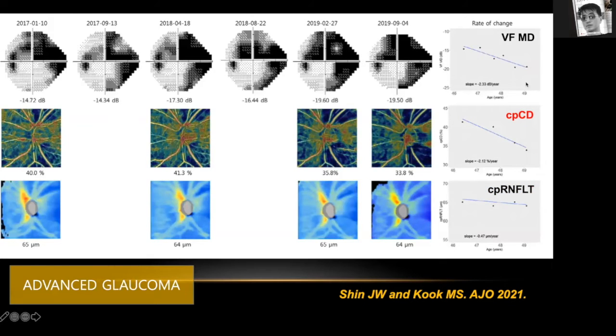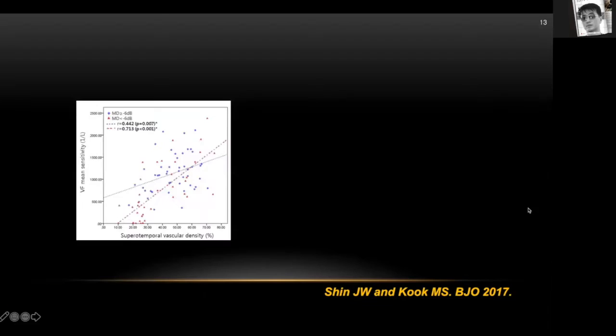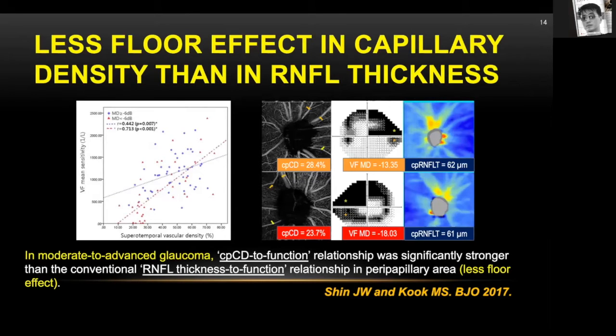In contrast, another patient with advanced disease showed that progressive CPCD loss was evident in correspondence to visual field progression, whereas CP-RNFL thickness was not progressive. These findings are very consistent with our cross-sectional study result. There, we revealed that there is less floor effect in CPCD measurement than in CP-RNFL thickness measurement.